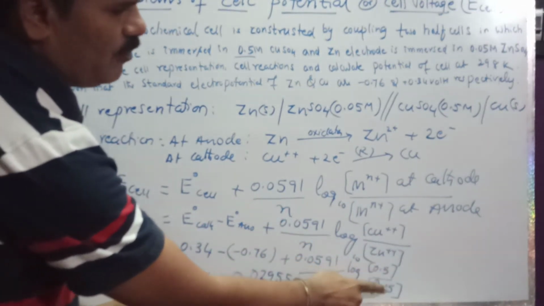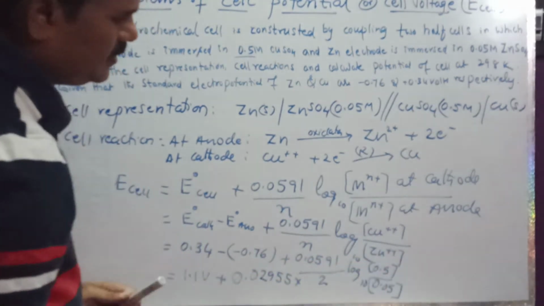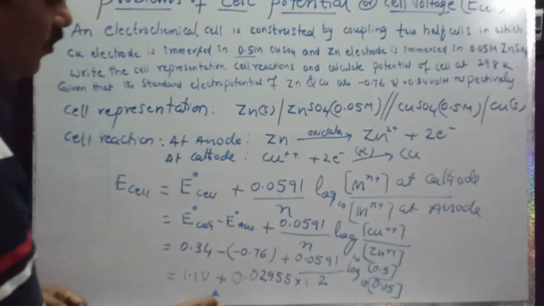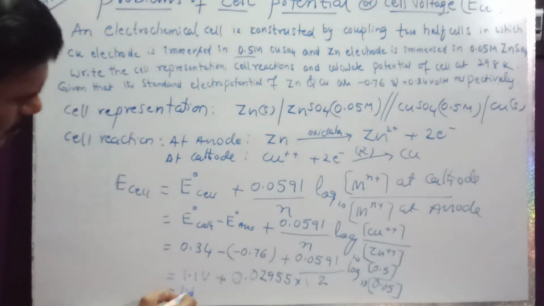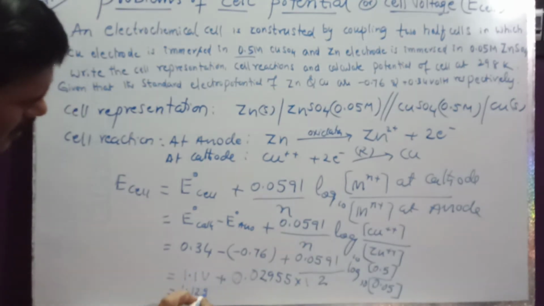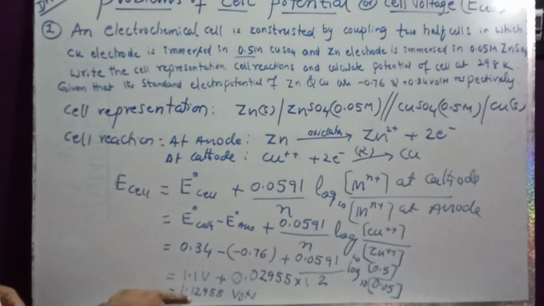Log of 0.5 by 0.05 is log 10. Log 10 is 1, so into 1. If you add, you will get the final answer 1.12955 volts. So this is the final answer for this problem.